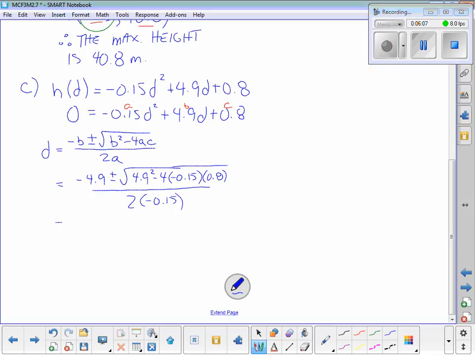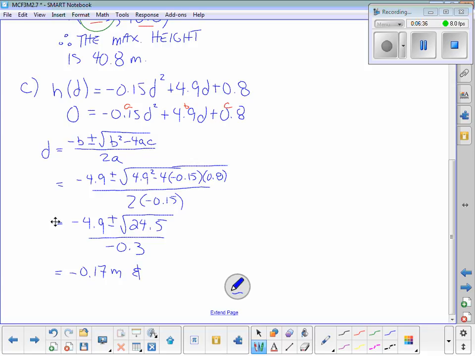And what I found was negative 4.9 plus or minus the square root of 24.5, over 2 times negative 0.15, that's negative 0.3. So that means I'll get two answers out of this, so we've got to plug them in. Negative 4.9 plus the square root of 24.5, divided by negative 0.3, gives negative 0.17 meters.